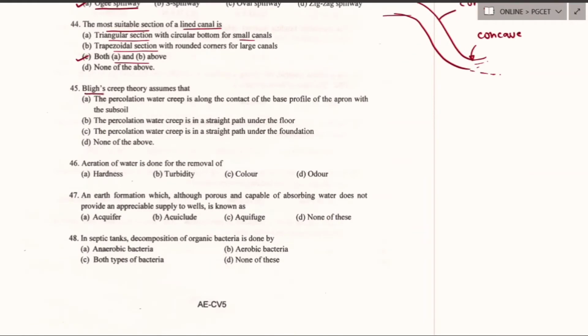Number 45. Bligh's creep theory assumes that the percolating water follows the outline of the base of the structure which is in contact with subsoil, and according to Bligh, the hydraulic gradient is defined as head loss divided by length of the creep.